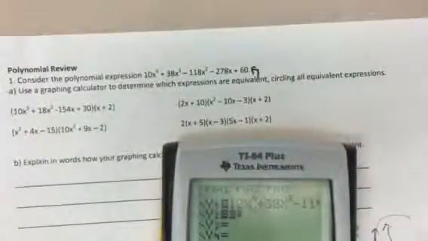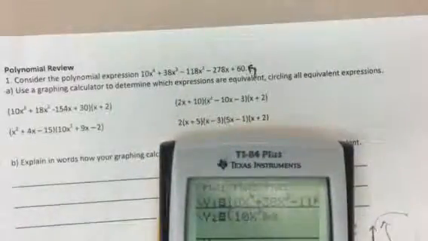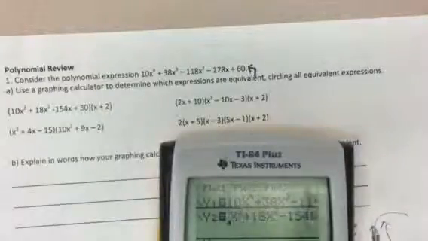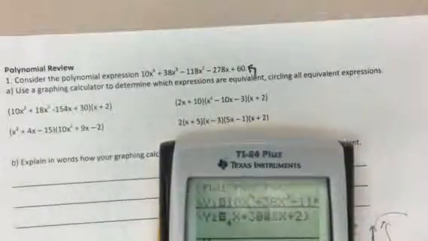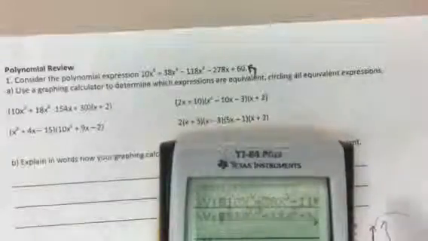And then I'm going to take this first one and type in 10x to the third plus 18x squared minus 154x plus 30, and then times x plus 2, and I'm going to go back and make sure I did that correctly. Because if the calculator is going to do most of the work for me, I should double check.